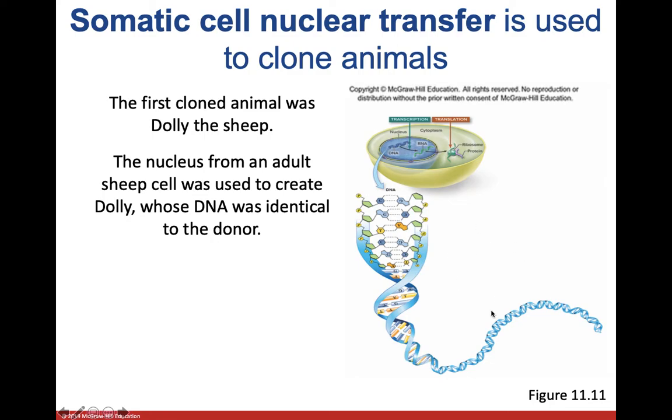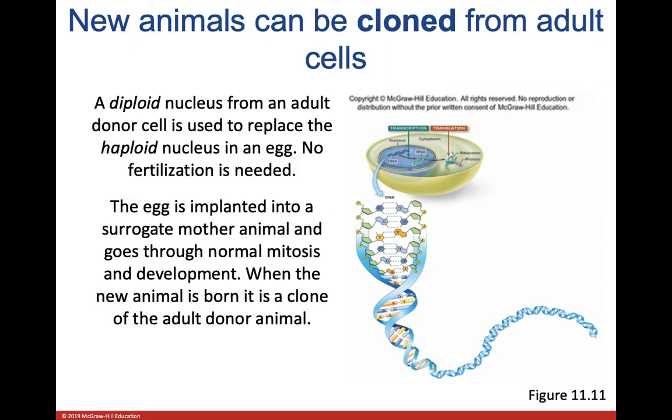And then they sparked that embryo to life with an electric current. Now that embryo thinks it's been fertilized and has two sets of DNA inside of it, a diploid cell instead of a haploid cell. So we took a haploid egg and put a diploid nucleus inside of it so it thinks it's been fertilized. You spark it with an electric current, and then it starts to divide. It divides like it should. It starts to grow.